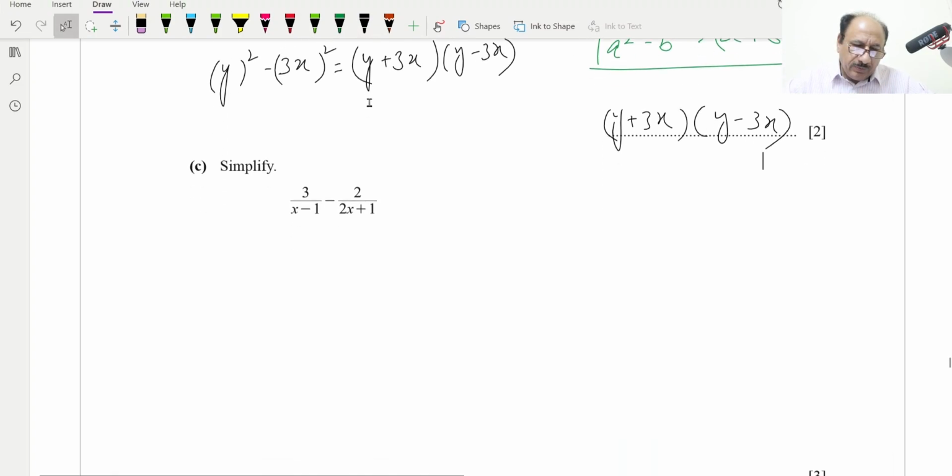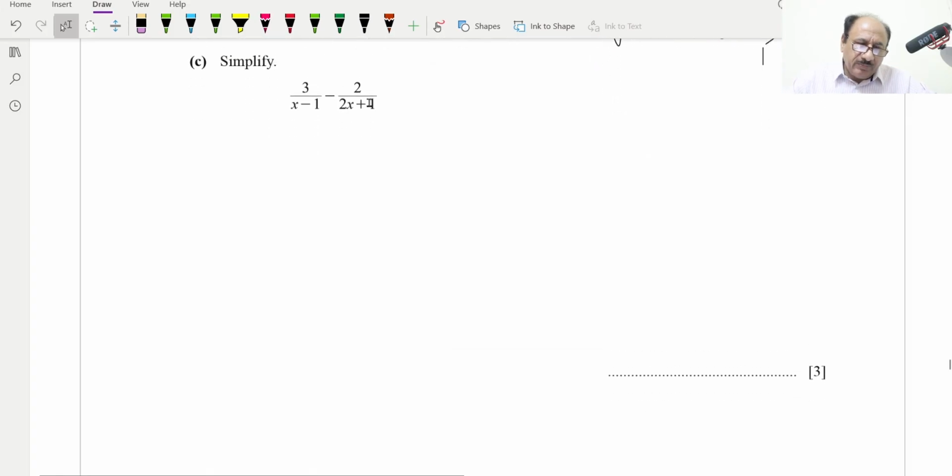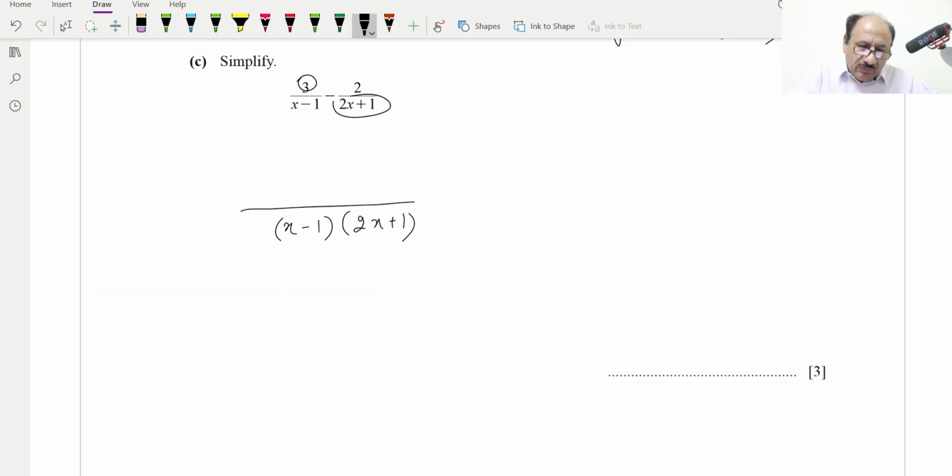Now, C part, simplify the algebraic fraction. We have to simplify, and we can write over here x minus 1 into 2x plus 1. Then 3 into this one will be over here, and minus 2 into this will be 2 into x minus 1.